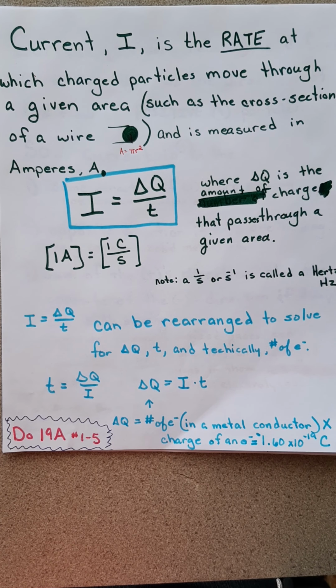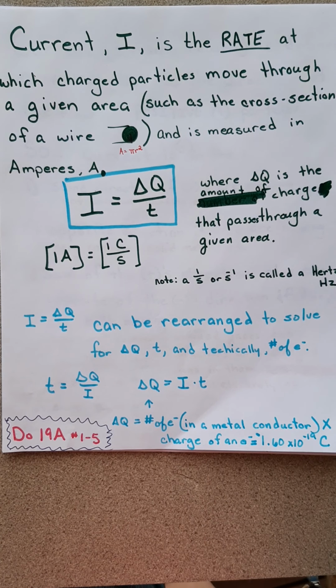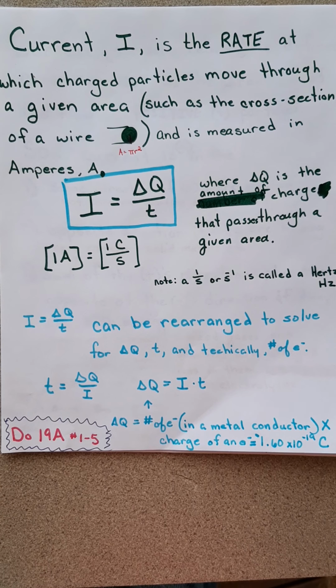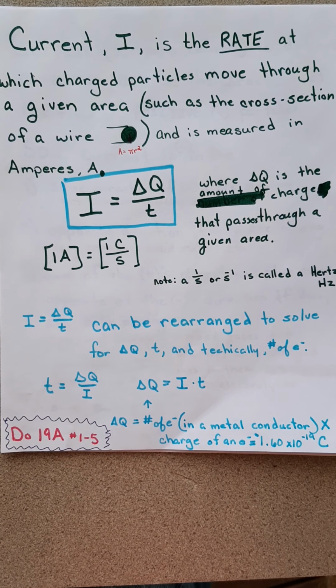The formula can be rearranged to solve for the charge, the time, and technically we can calculate the number of electrons that are flowing or the number of charged particles if we know their charge. Because delta Q, the charge, is equal to the number of the particles, so for example electrons, times the charge of that electron.